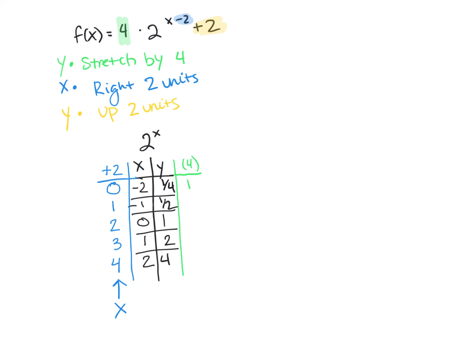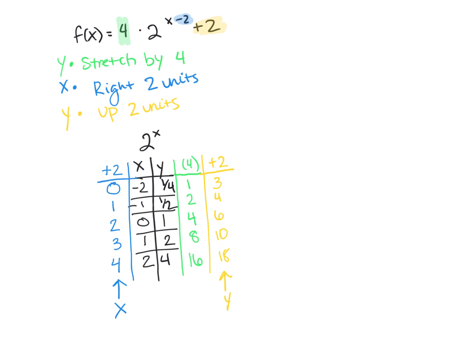So that's going to be 1, 2, 4, 8, and 16. And then I still have to add 2 to all my y values. So when I add 2, I get 3, 4, 6, 10, and 18. Then I'm done with my transformations for the y values.